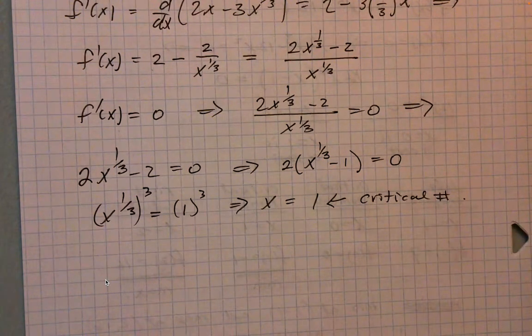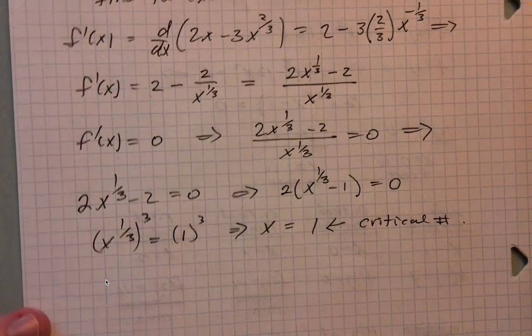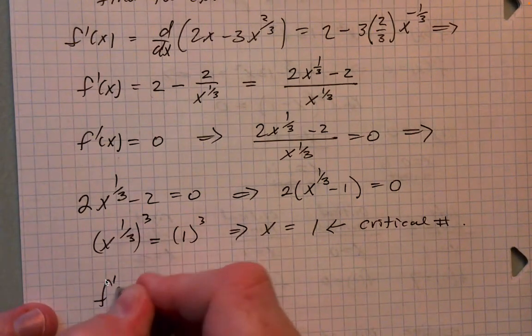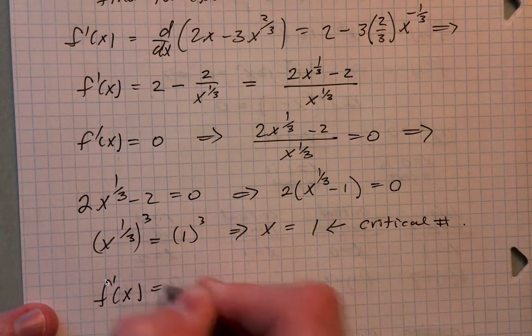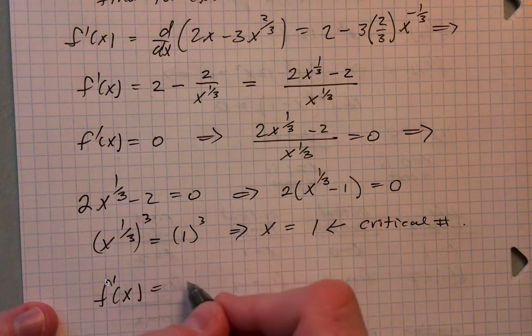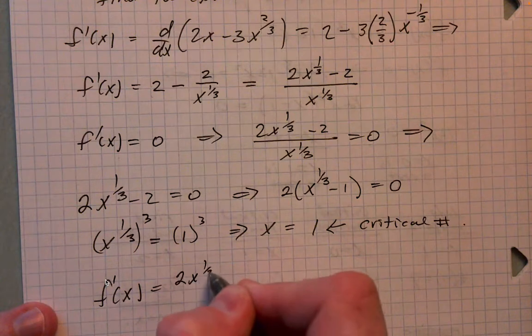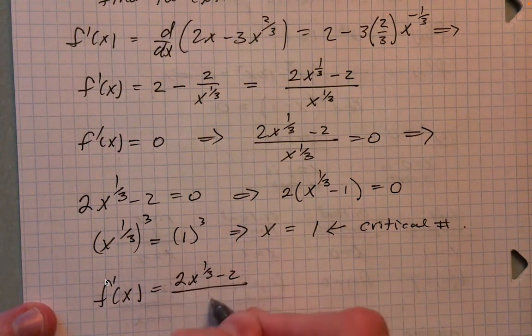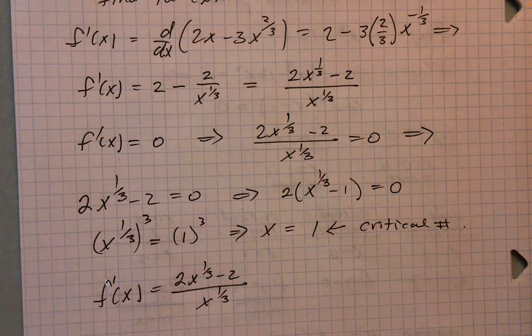Okay, so this is a critical number. Are there any other critical numbers that we need to worry about? Well, yes, because remember the derivative here is f prime of x equals 2x to the 1/3 minus 2 over x to the 1/3. So we do have an issue here at 0 as well, right?